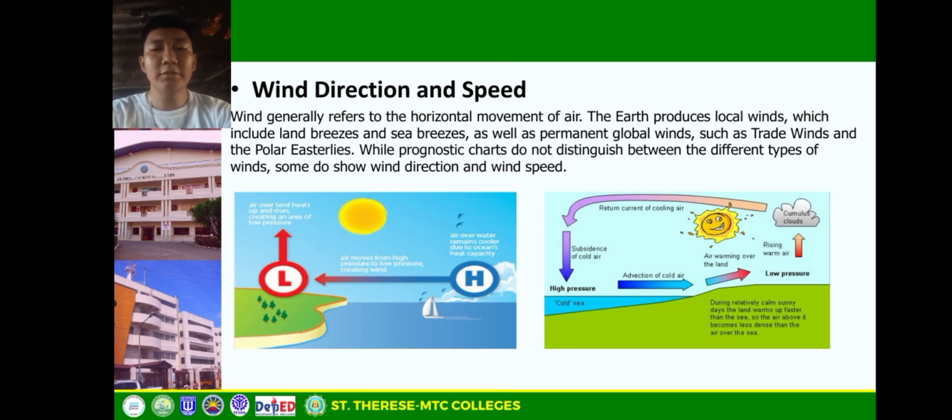While synoptic charts do not distinguish between the different types of winds, some do show wind direction and wind speed. Wind direction can be measured using a weather vane, which is a device that turns on an axis to point in the direction of the wind. Wind speed can be measured using an anemometer, which is a device that uses rotating cups and pressure differences to determine speed.